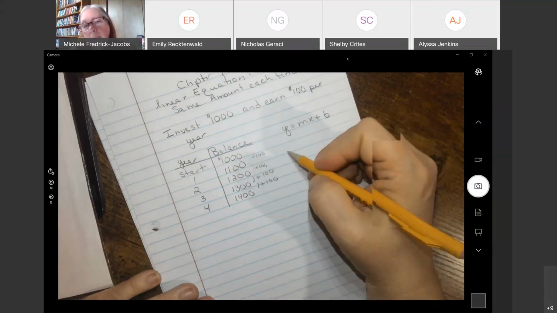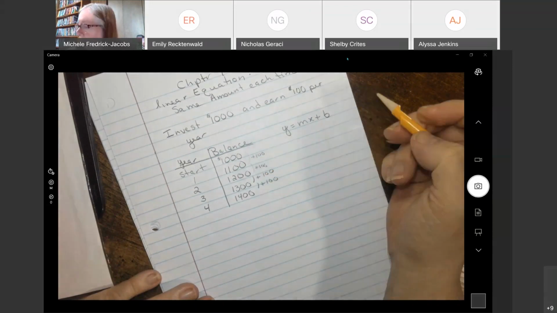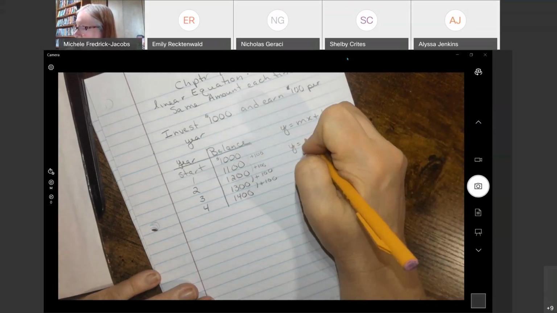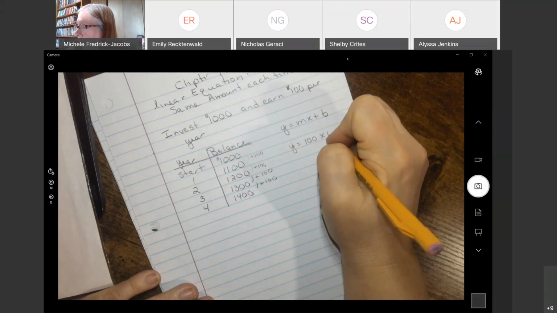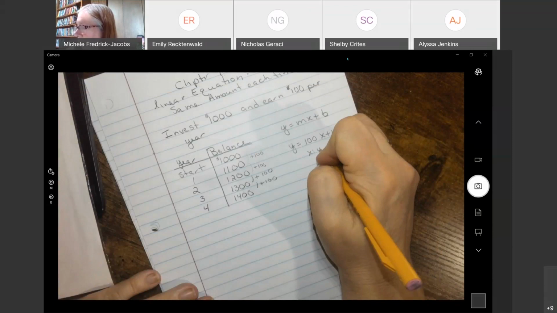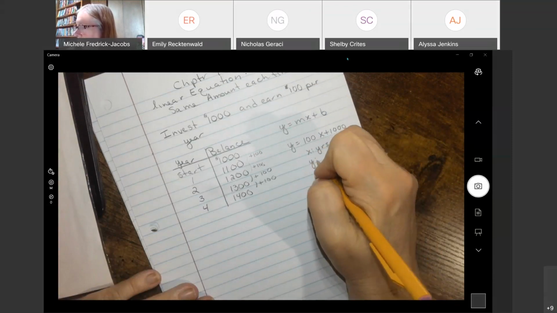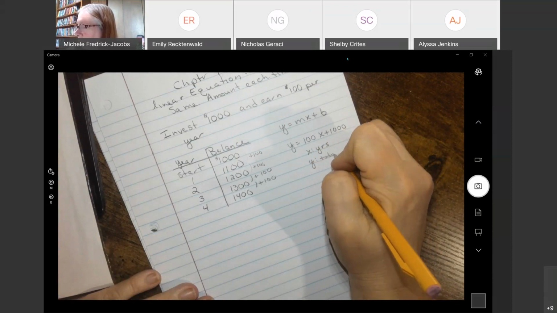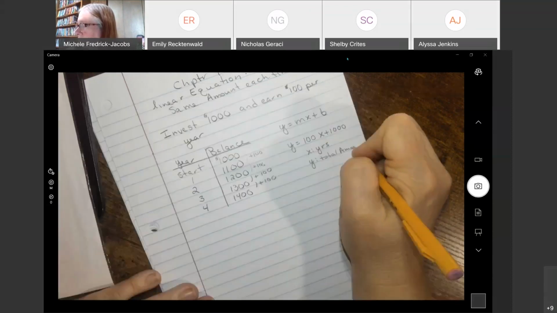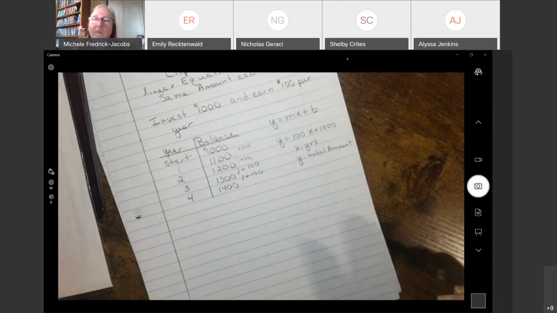And m is the rate at which it's changing, and it's changing by $100 each year. Any questions on that?